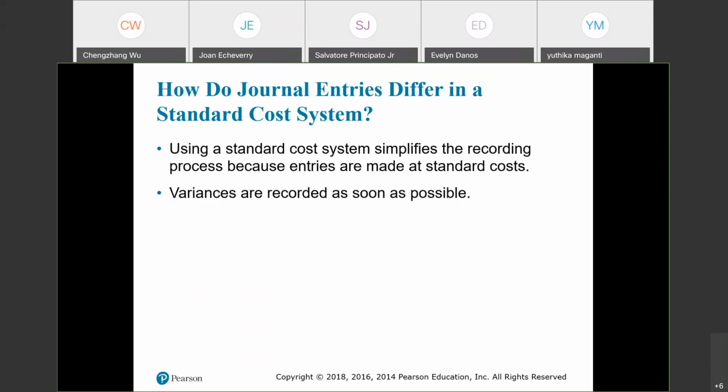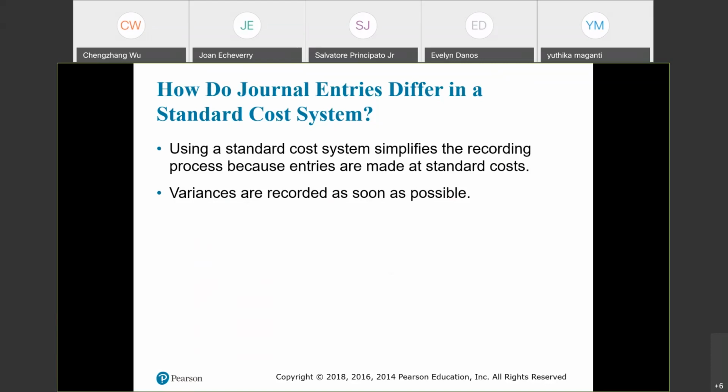Management needs to know about the variances to address each problem. Therefore, this company records variances from standards as soon as possible. This means that the company records direct material cost variances when materials are purchased.